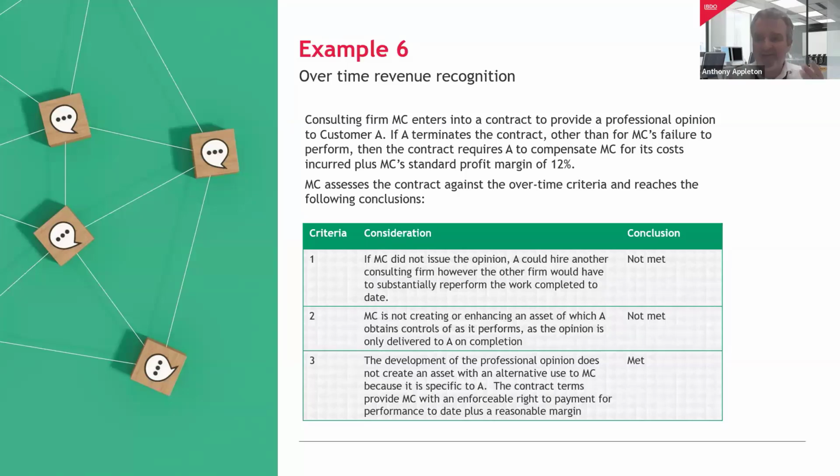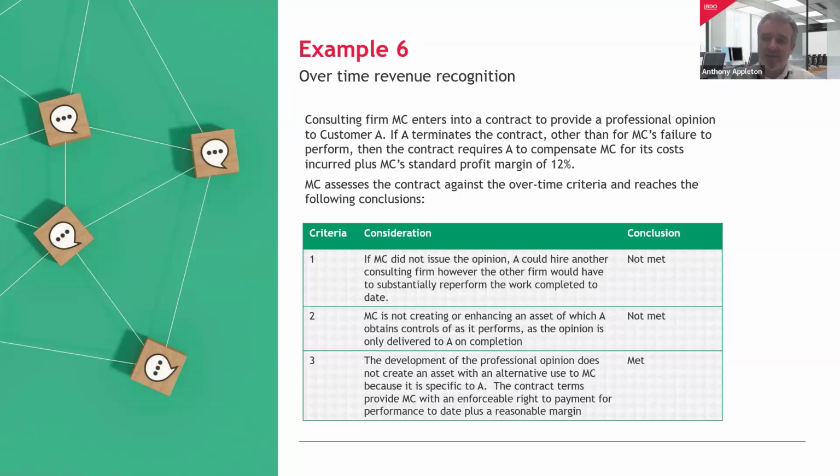So it hasn't enhanced anything they have. Sorry, they haven't consumed the service yet. Neither is it creating an asset for them, which they already control. It's on the management consultants' files, computers. It's not enhancing anything already controlled by the customer. So then we move to criteria 3, or situation 3.